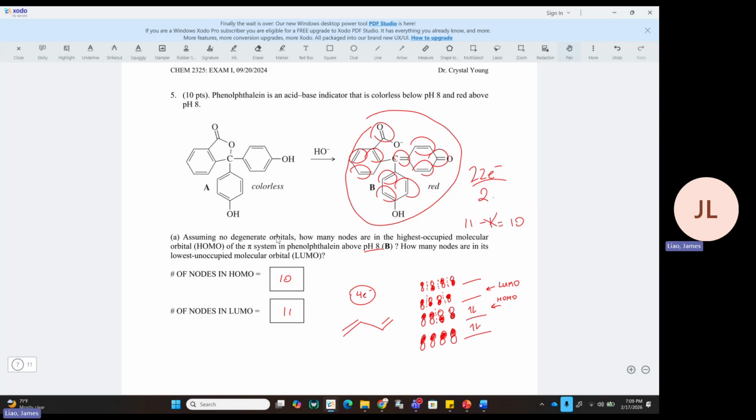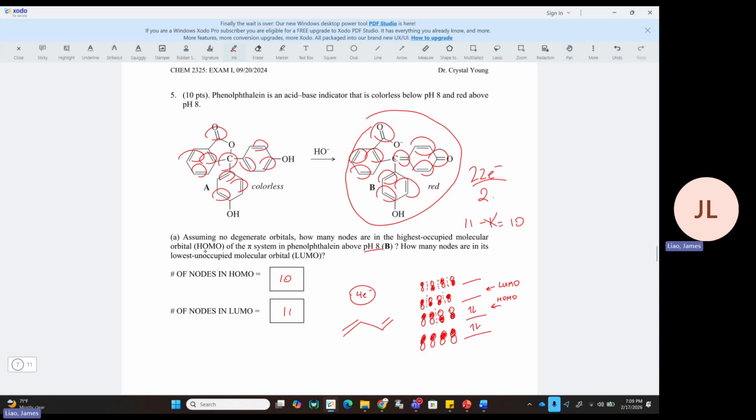How can I tell? When it comes to the HOMO and LUMO of the colorless and the colored version. So if I did this one over here, 2, 4, 6, 8, 10, 12, 14, 16, 18, 20. These are all part of the conjugated system, but they aren't. Why aren't they?